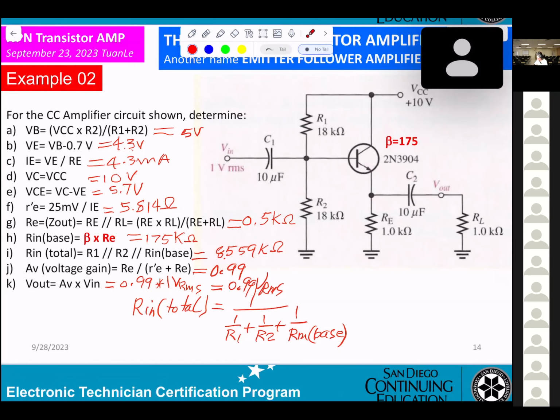And the RE on top is 1 kilo ohm. No. The r'e is 5.814 and RE with the capital E is 500 ohms or 0.5 K. Oh, I was looking at the wrong RE. Okay.